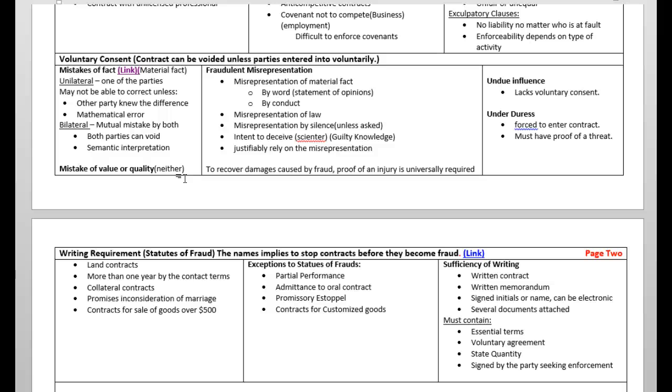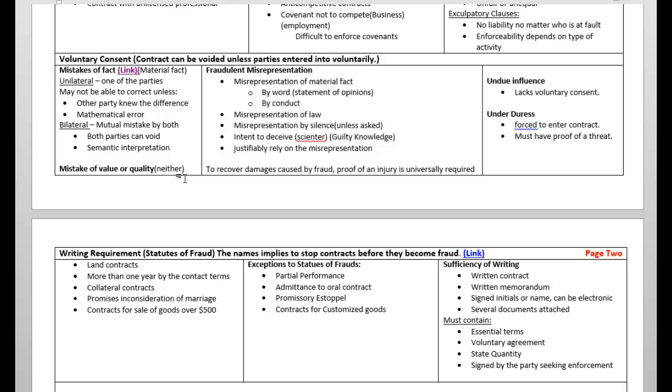If there's a misrepresentation of law, let's say, I think the example in the book was somebody bought a piece of land and was told by the seller that they could build a condo up to the sky, and they found out that it was illegal to do that in the area, and the seller was an attorney or somebody who should have known that, such as a zoning official or even a real estate individual, the contract could be voided in that case.